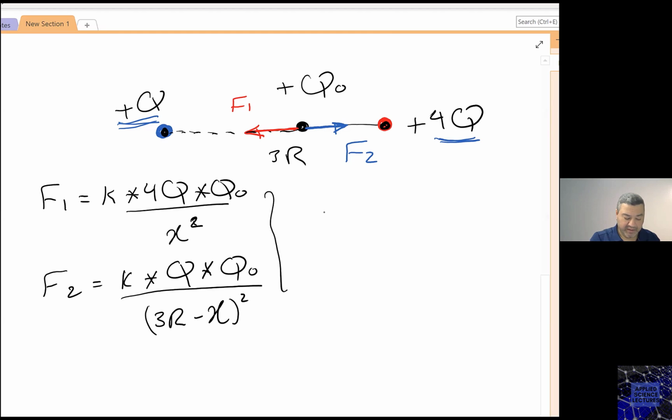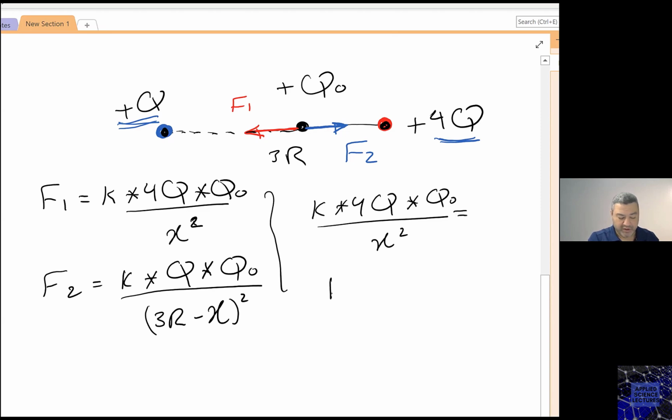I can write K for Q times Q naught divided by X squared equals K times Q naught divided by 3R minus X squared.